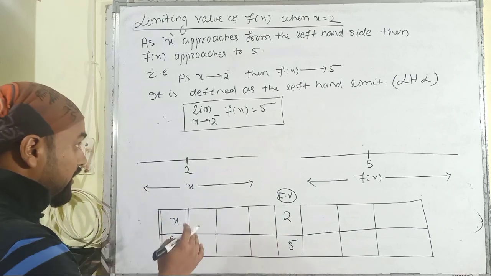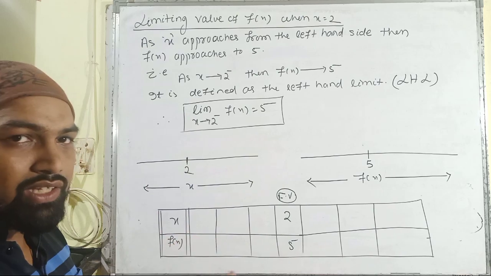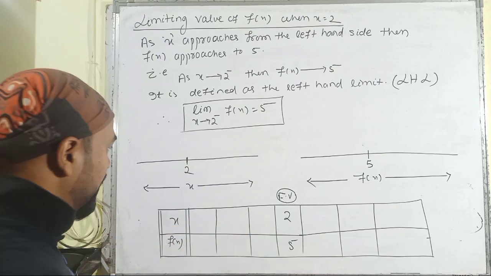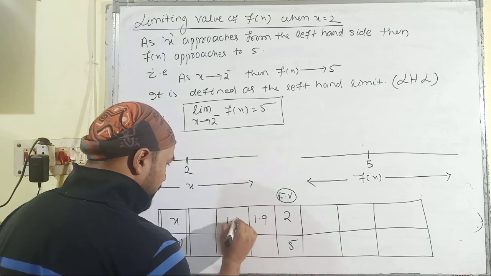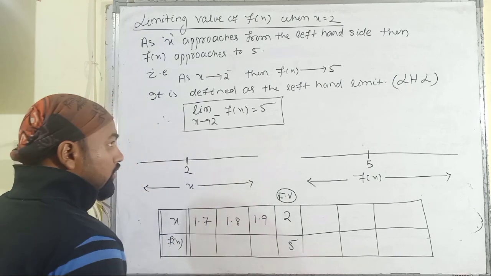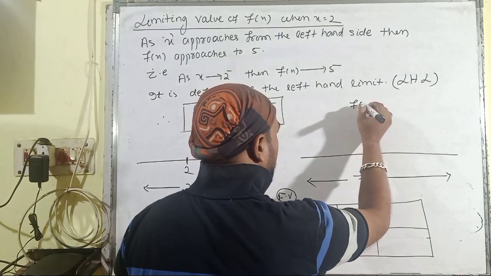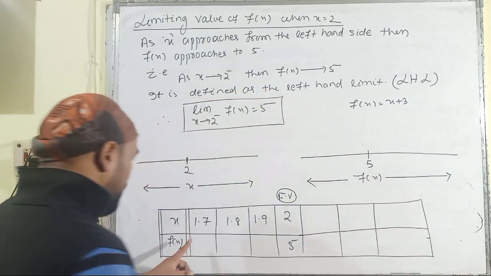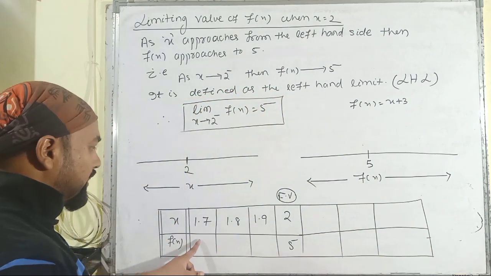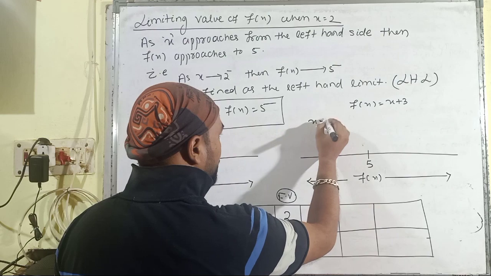But we have to check this from the left hand side whenever we are going through the limiting value. Suppose the given function is f of x is equal to x plus 3. Suppose I put x is equal to 1.7.